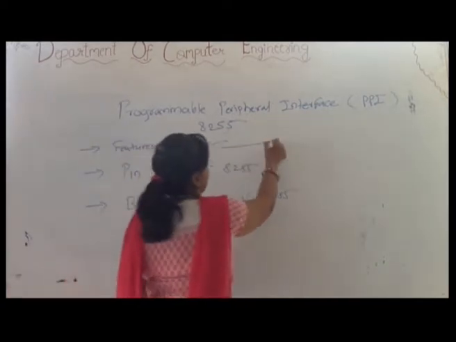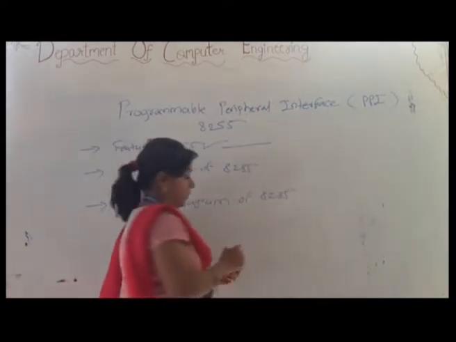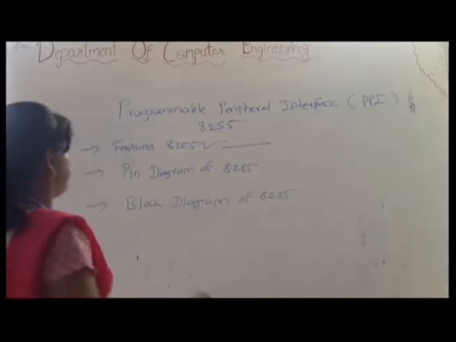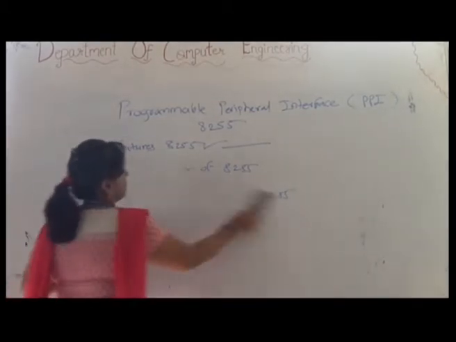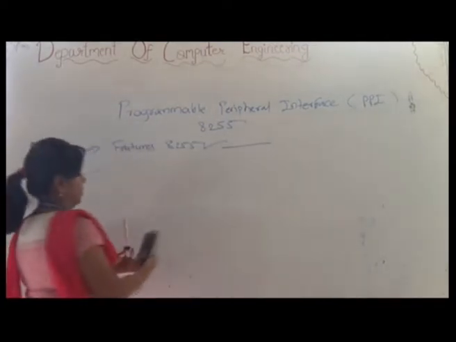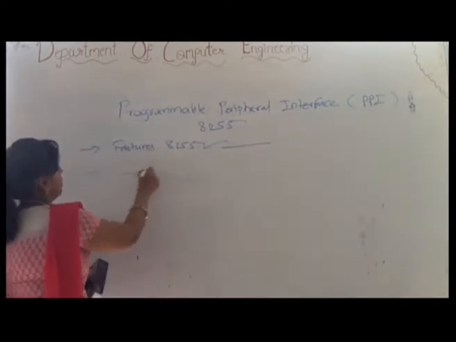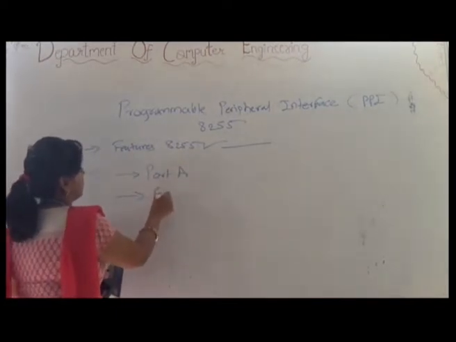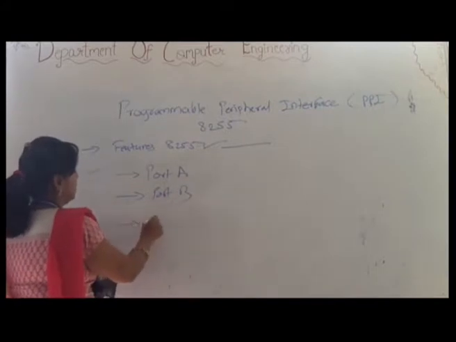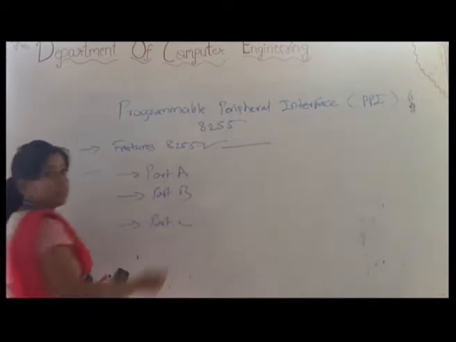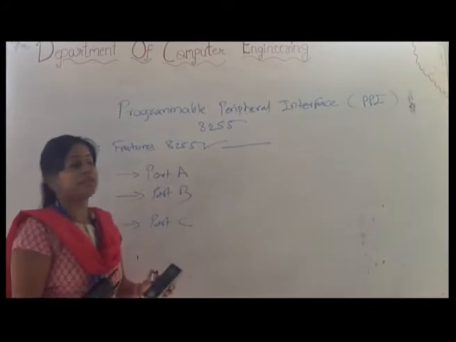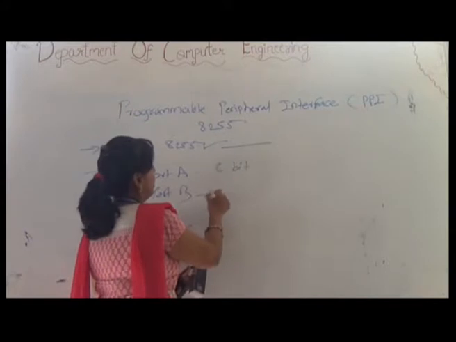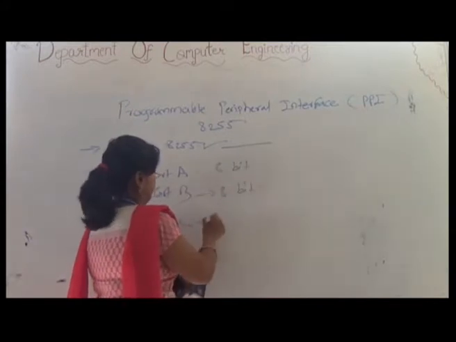Okay, and next we will see, the 8255 processor has three 8-bit ports. I will show you. The first port is port A, the next port is port B, and the next port is port C. All are 8-bit ports.